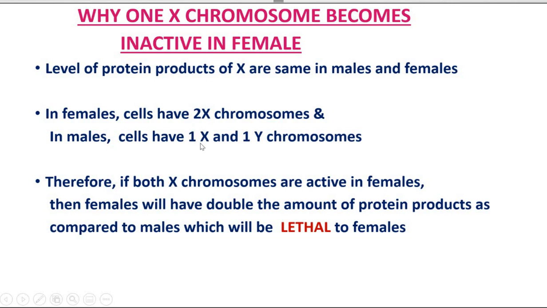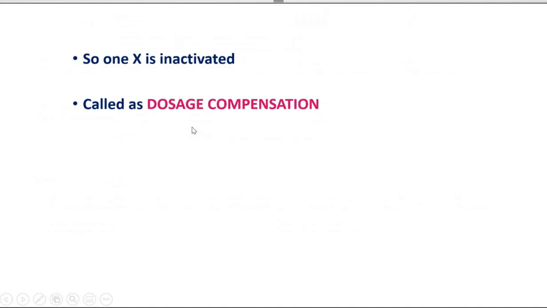So the same amount of protein formed by X will be formed in males and in females. This inactivation of the X chromosome is known as dosage compensation. So this dosage compensation occurs in females.